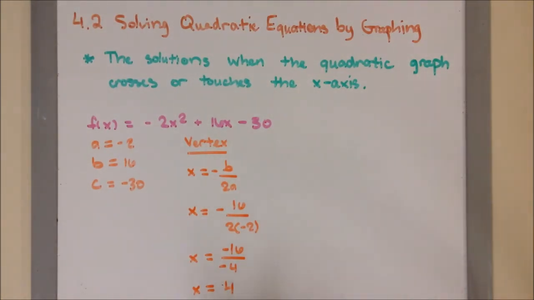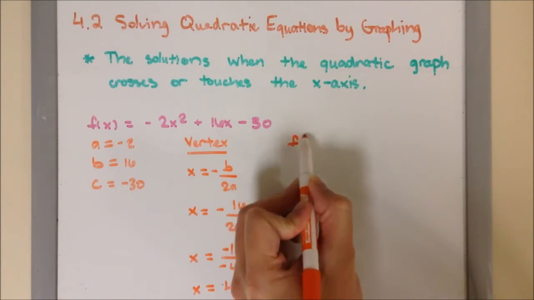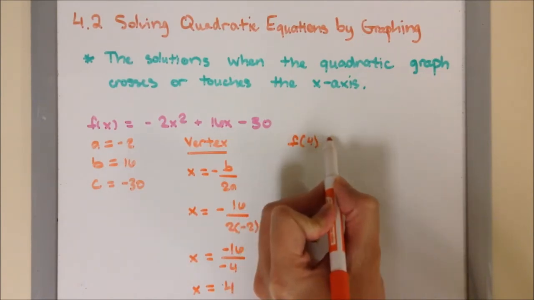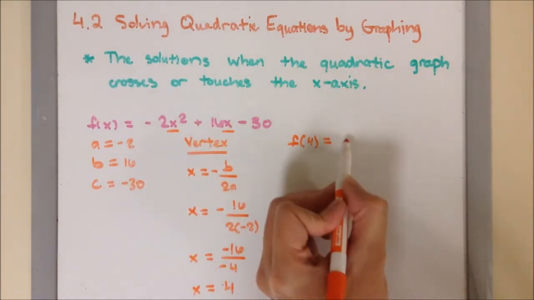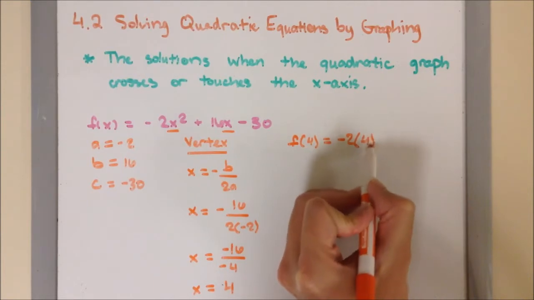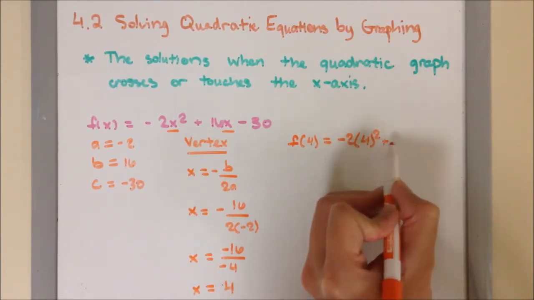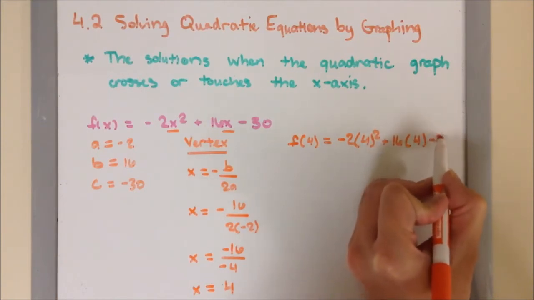Alright, we still work on our vertex. I'm going to plug in 4 for x in order to get our y value. So f of 4 equals, plugging into all the x's, I still have the negative 2 on the outside, and then 4 squared plus 16 times 4 minus 30.